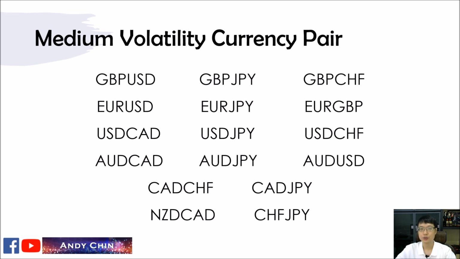These three are also low to medium volatility. Then Canadian dollar against Swiss franc and Japanese yen, and then we have New Zealand dollar against the Canadian dollar and Swiss franc against the Japanese yen. So these are all the pairs under the medium volatility category.